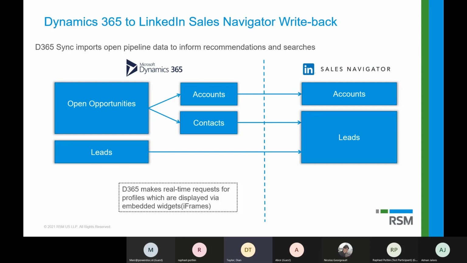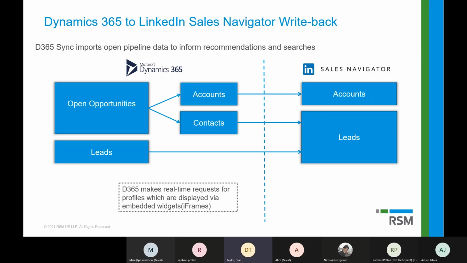So this is going to be set by an administrator for all users. And then in LinkedIn Sales Navigator, when you go to that view, under the close date column, users are going to see the close date of any account that has related Dynamics 365 opportunities in that stage. If you click on that date, you're going to be able to view all of those opportunities related to that account. And again, this is all in Sales Navigator.